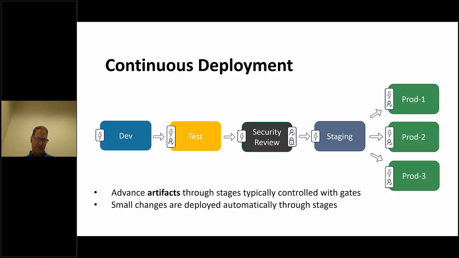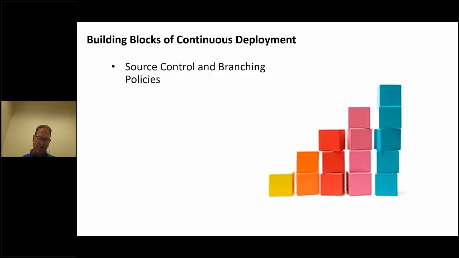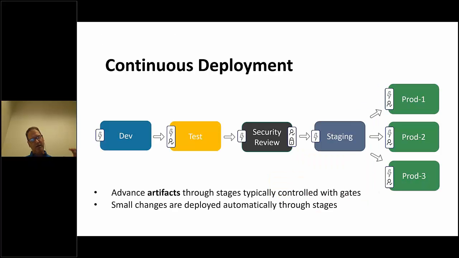But we don't want this speed to impact quality. In fact, we want to improve the quality along the way. So we go through stages. All these stages, again, may resonate with solutions that you're deploying today. It may not, but we typically talk about dev or a development environment. We talk about a test environment, validating that what we did is correct.